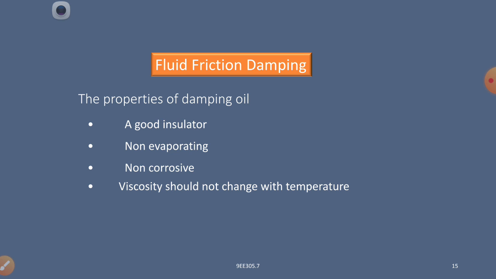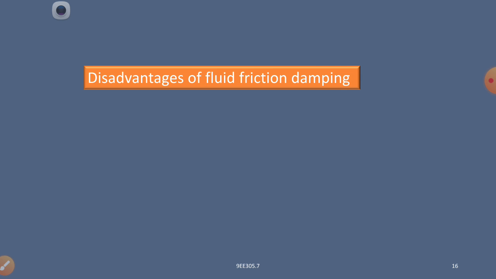Due to this, the value shown on the calibrated scale also changes. So all these properties are required for the liquid. This liquid should be constant and work perfectly. So that is air friction damping, and that is liquid friction damping.